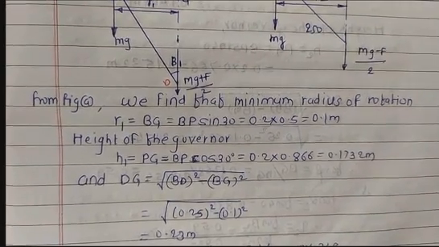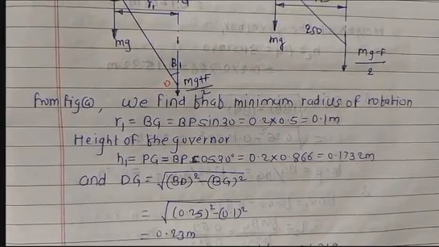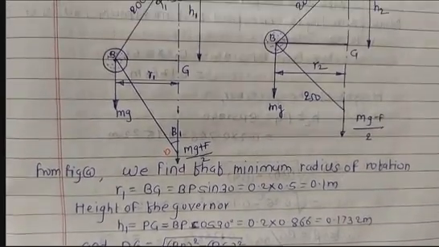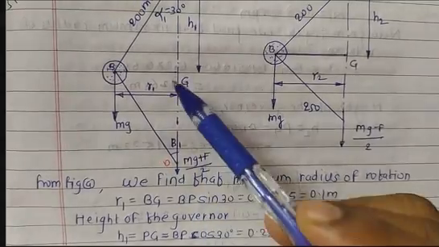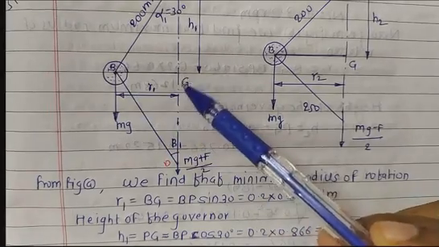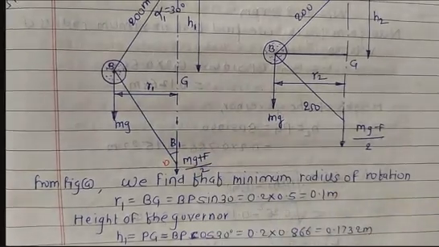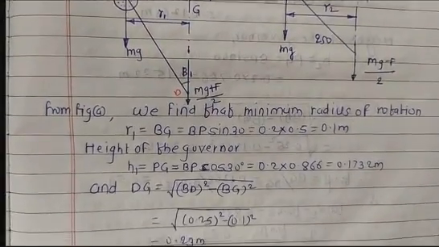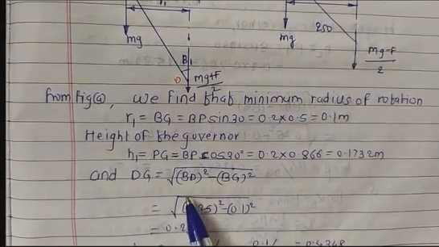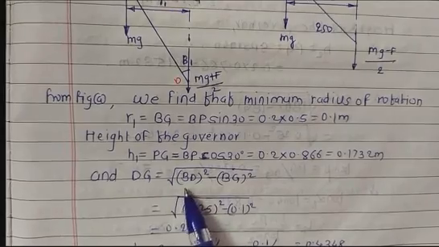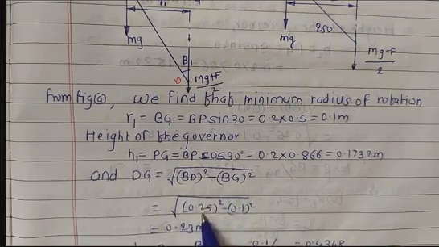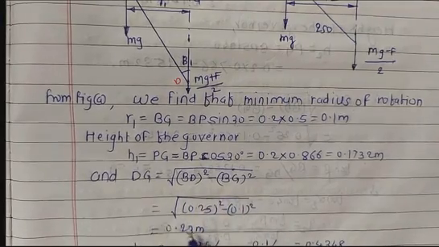Now get the value for DG by considering this triangle BG and O. From this one we can get DG by using Pythagoras theorem, that is, square root of BD square minus BG square. Just substitute the value for BD here, BG here, and get the value for DG.